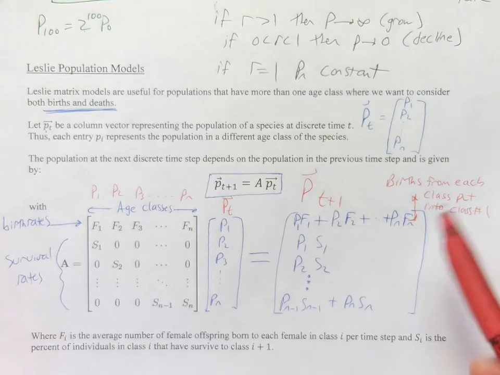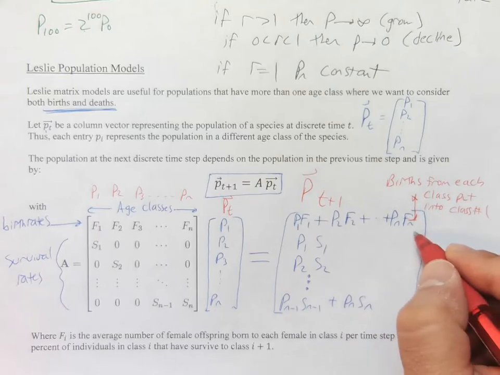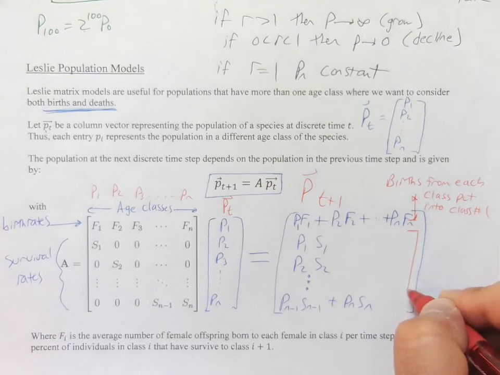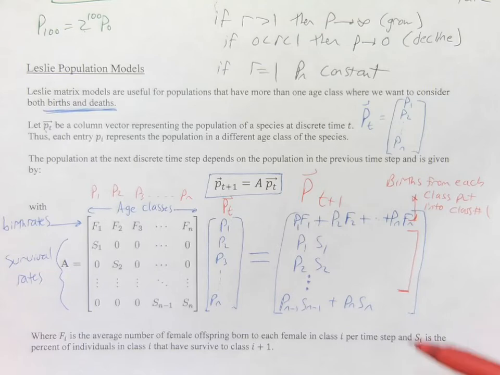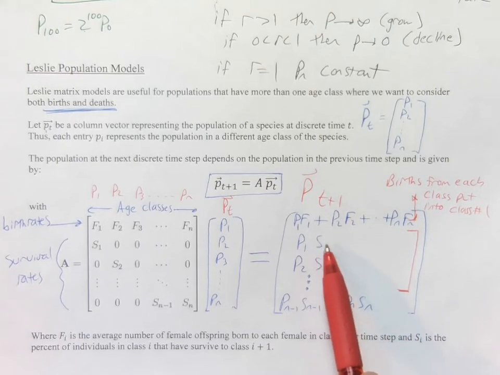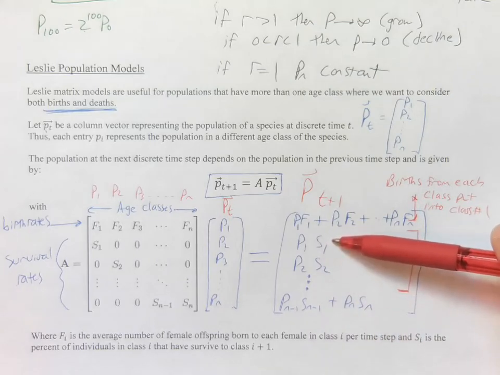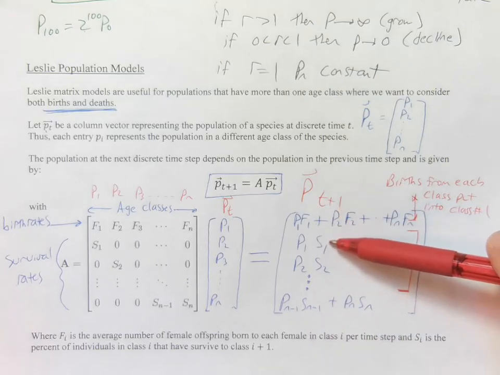Let's talk about the rows in between before the last row. So let's talk about the second through the n-1 row. These are just surviving people, right? So P1S1 is the number of surviving population from age class 1. But notice that it's in age class 2. So if you want to be in age class 2 in the next time step, you need to survive from the previous class.